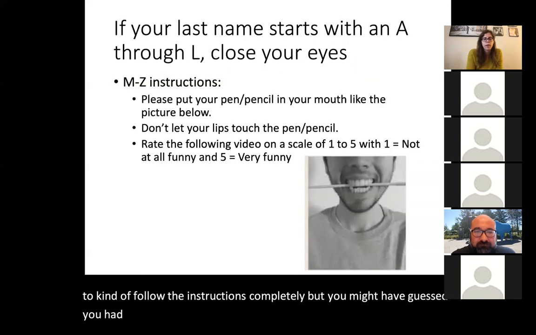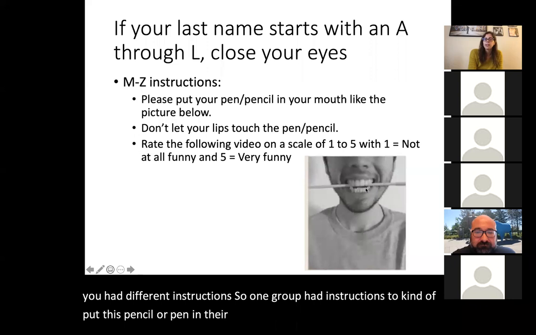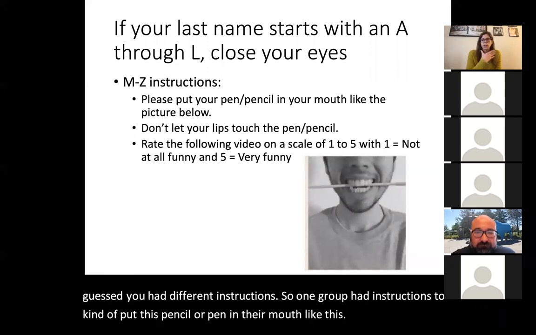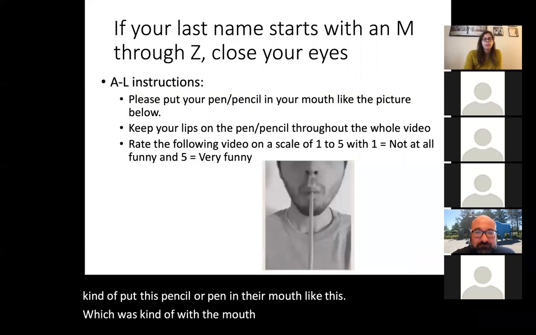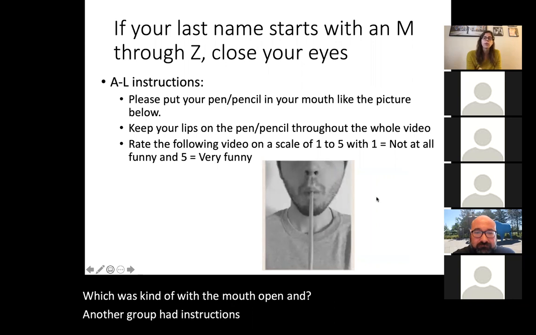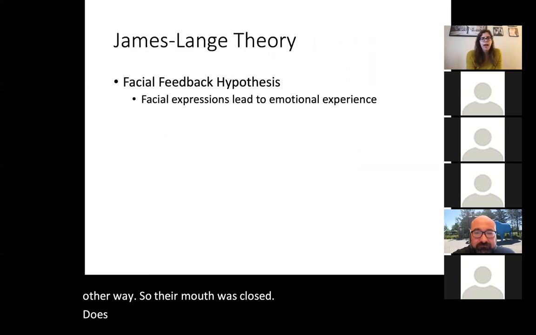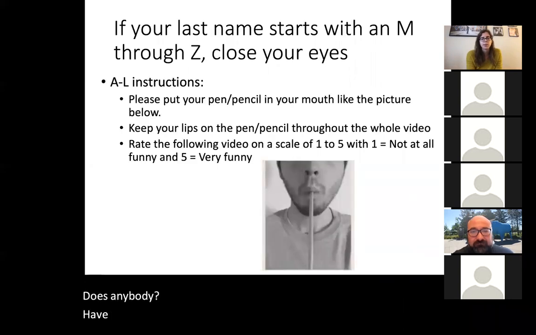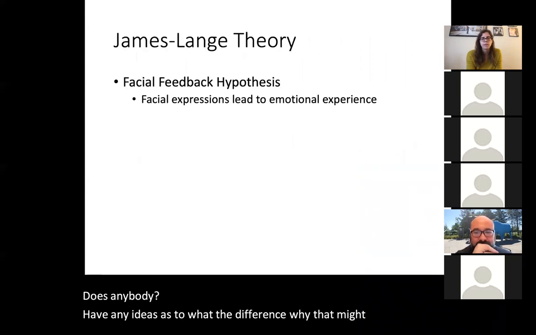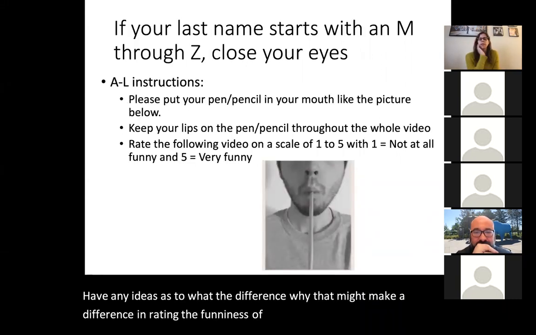So one group had instructions to put this pencil or pen in their mouth like this, with the mouth open, and another group had instructions to put the pencil in their mouth the other way, so their mouth was closed. Does anybody have any ideas as to why that might make a difference in rating the funniness of a video?